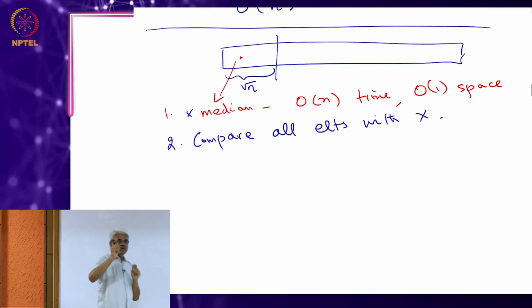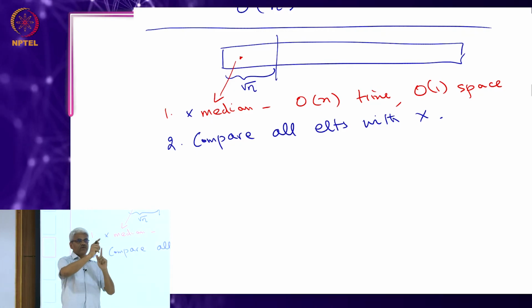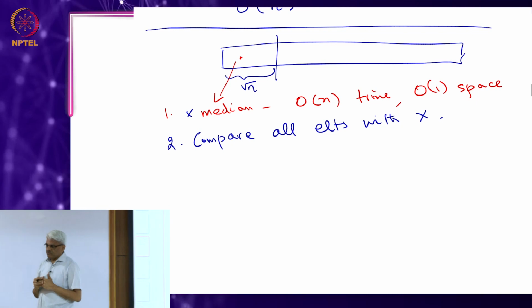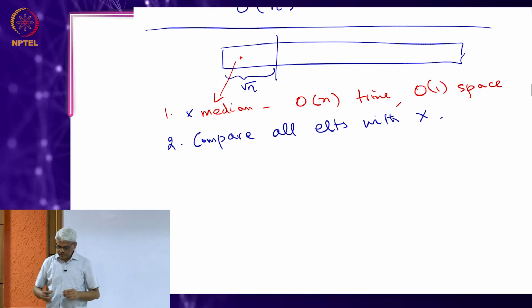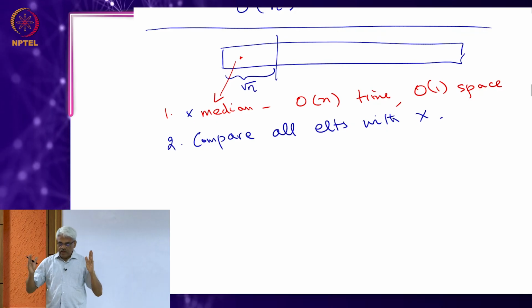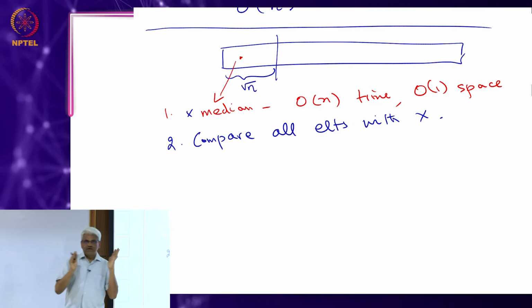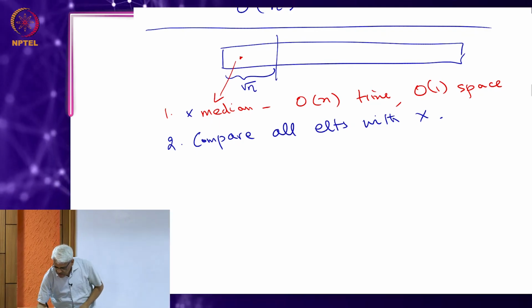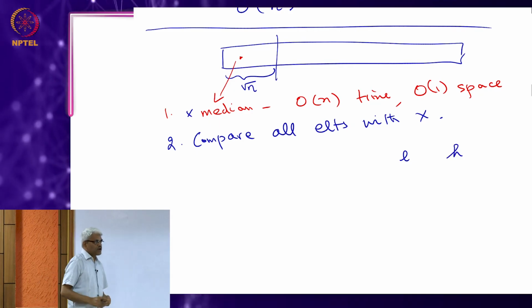Now I am going to apply the low-high idea somebody was talking about. At any point of time, the median element I am looking for is between, let us say, low and high. I remember these two elements.